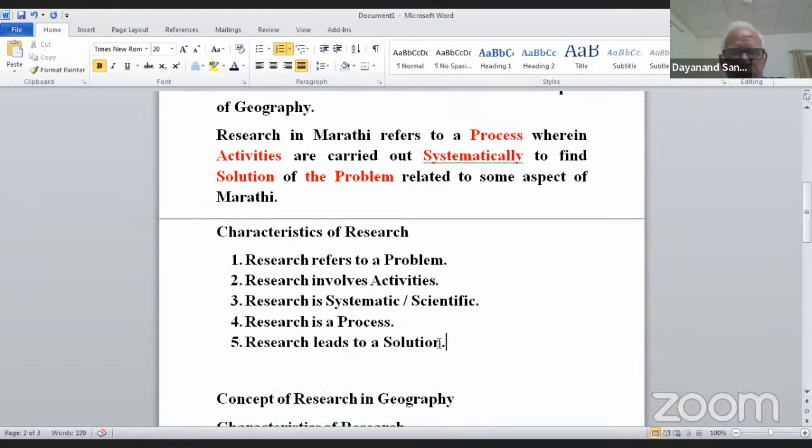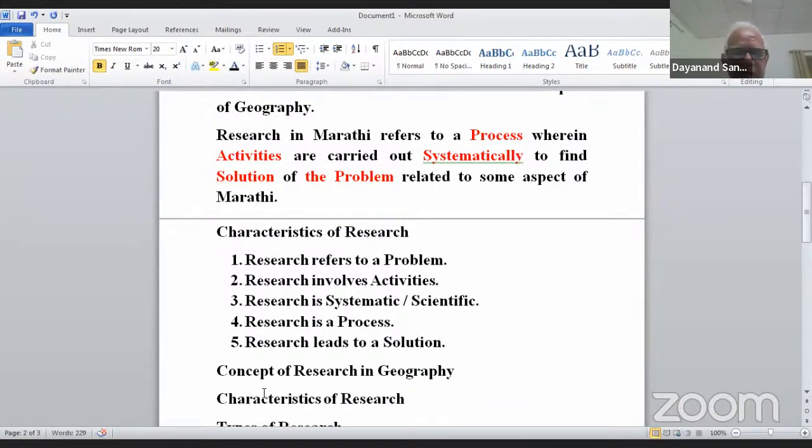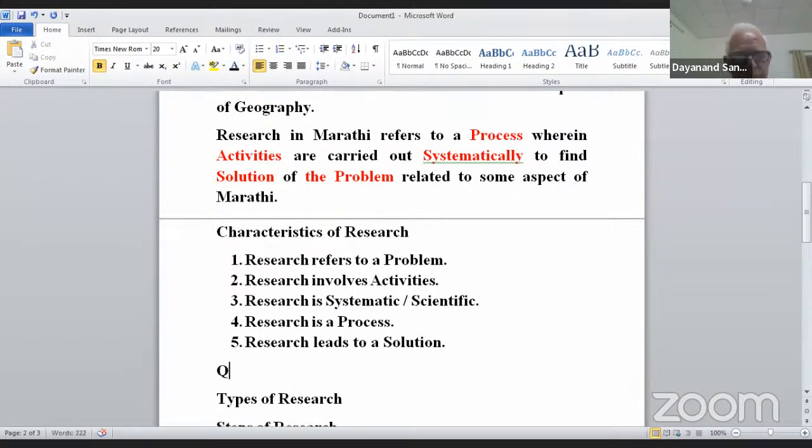Now, next is what are the types of research? Before that, let me ask one question. You say research is systematic. So which activity is said to be systematic? How will you define systematic activity?